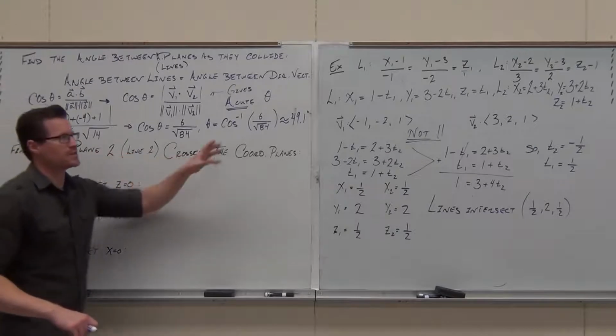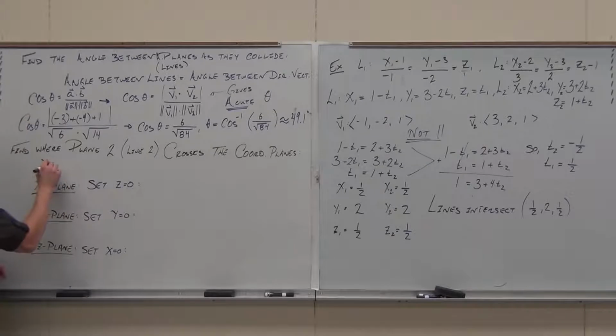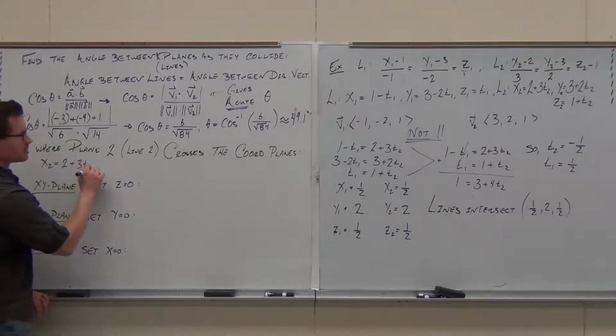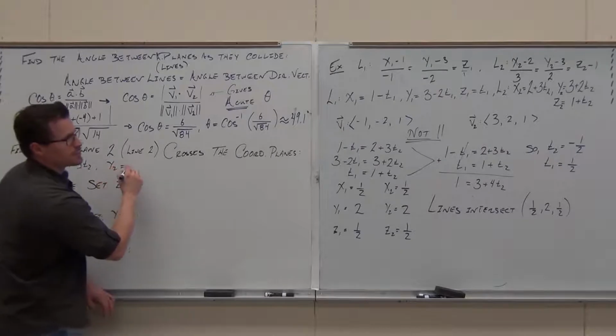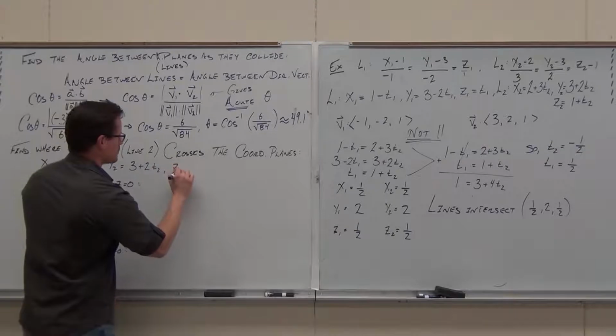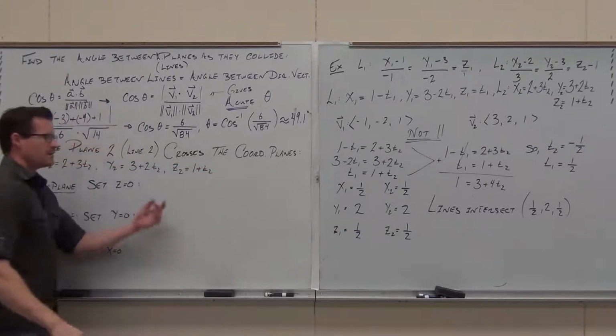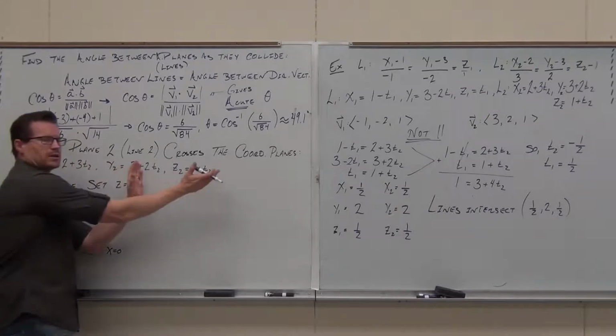Now I'm talking about plane 2, line 2. So line 2 was this one. If I set Z equal to 0, I'm only looking here.